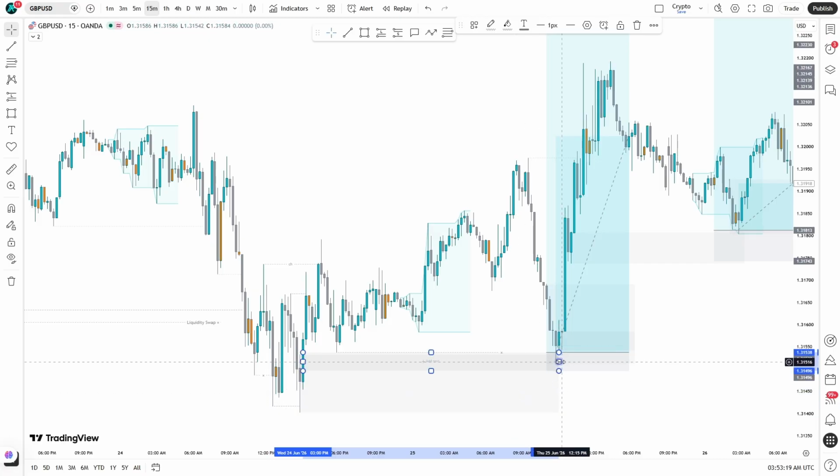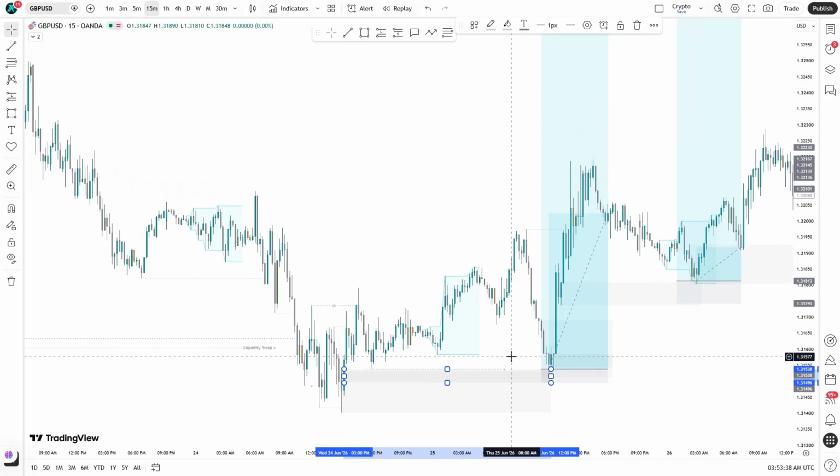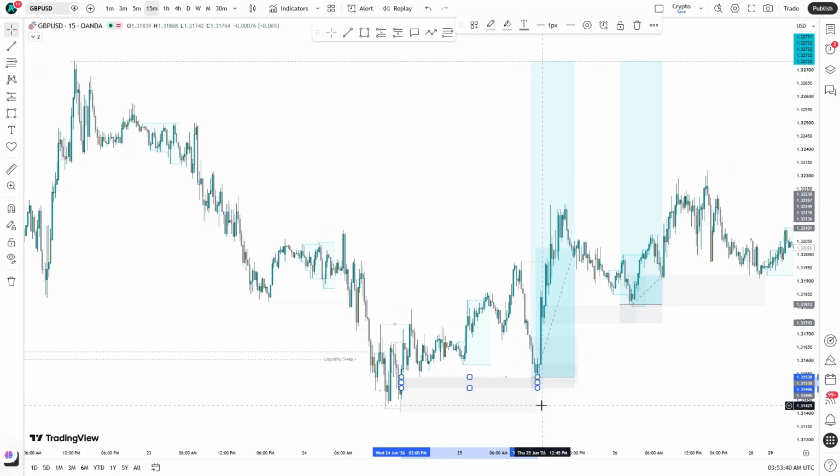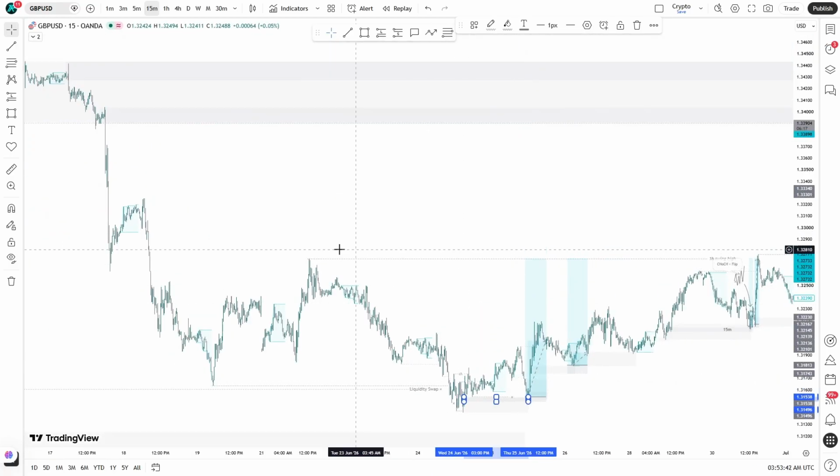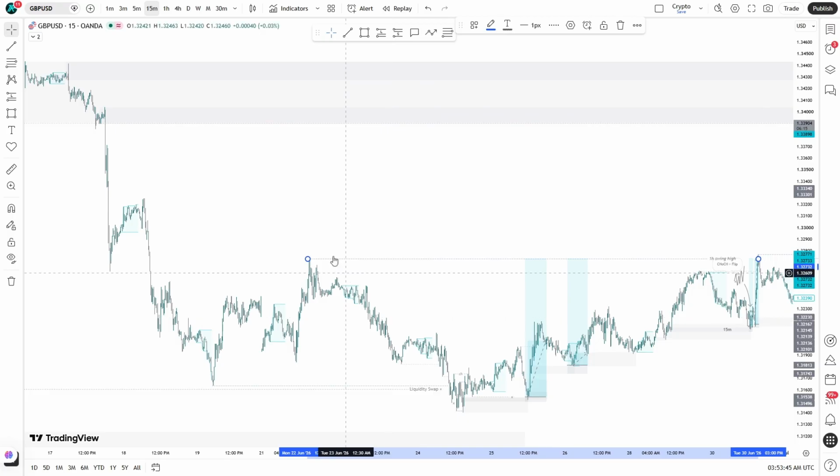This particular place is the refinement on the 5 minutes. So market used all these places, this low and this Asian low, as inducement to mitigate this refined demand zone. It mitigated it and moved up immediately, going up to this trend swing high here.